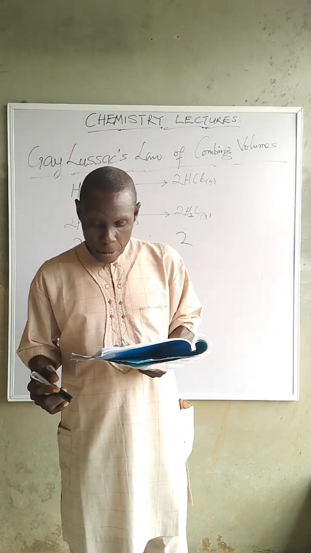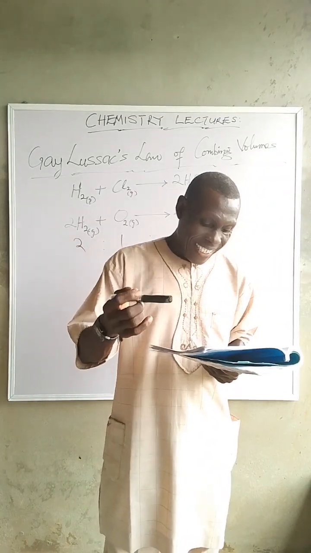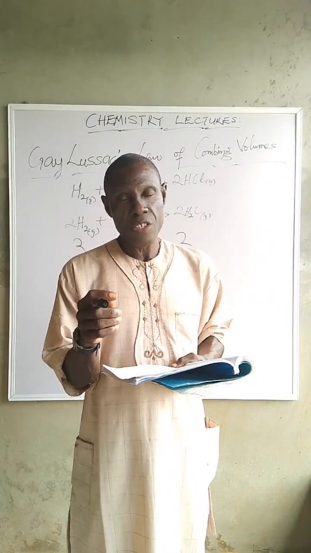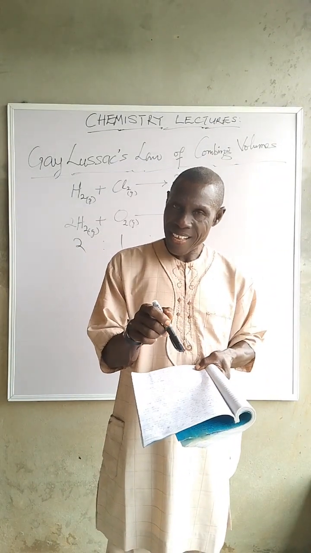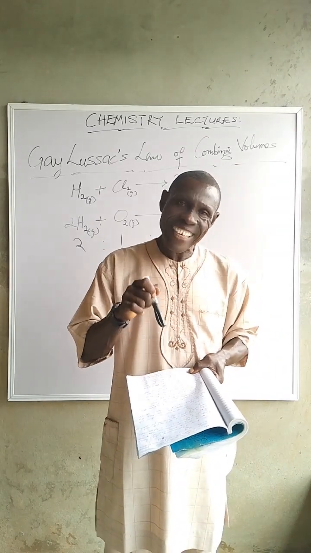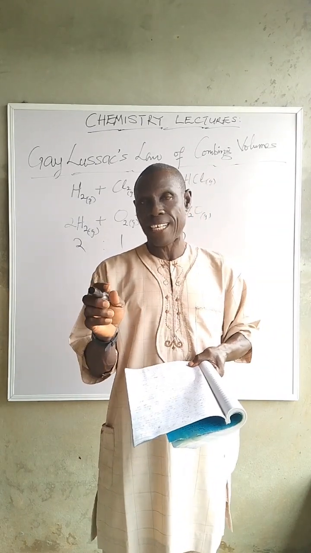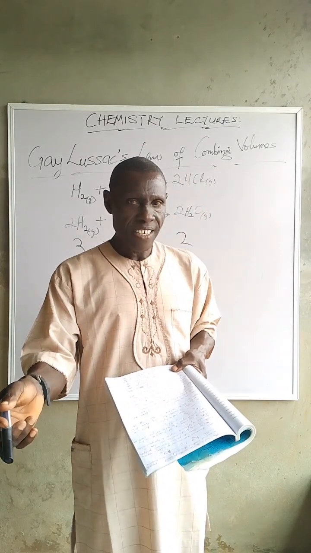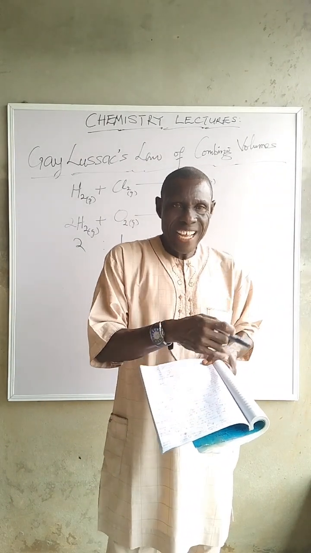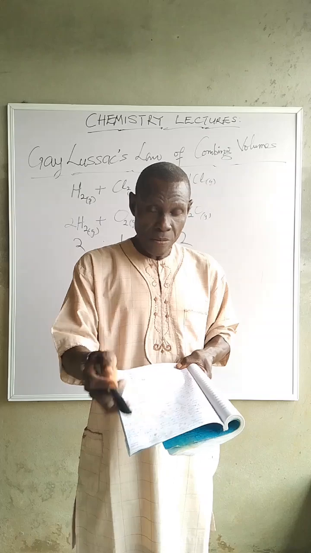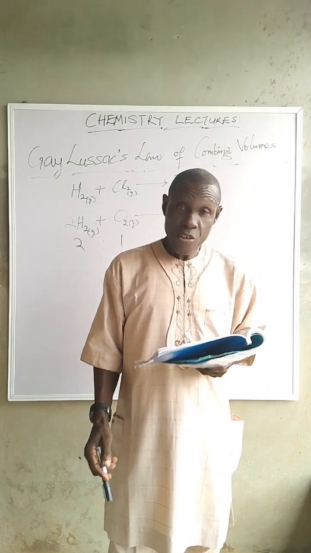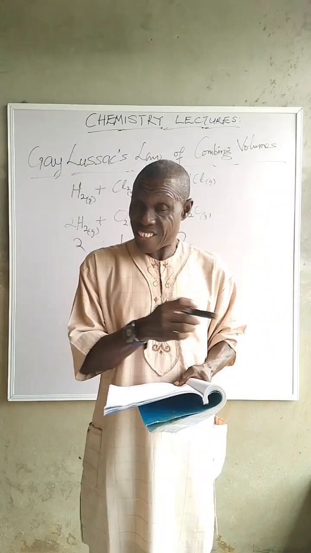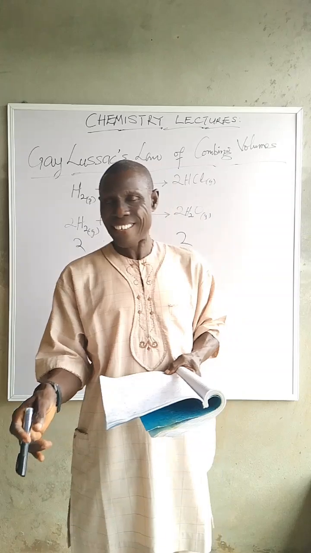When you are balancing a chemical equation, you must obey and respect the law of indestructibility of matter, which holds that matter can neither be created nor destroyed, but can be converted from one form to another. If you don't do so, it means that you have either destroyed or created matter.